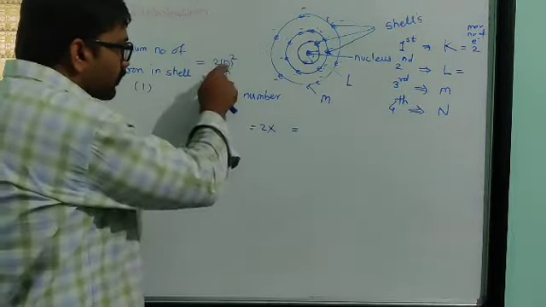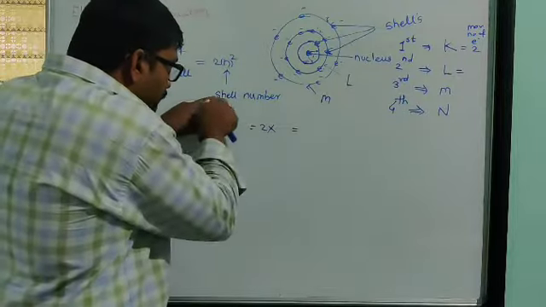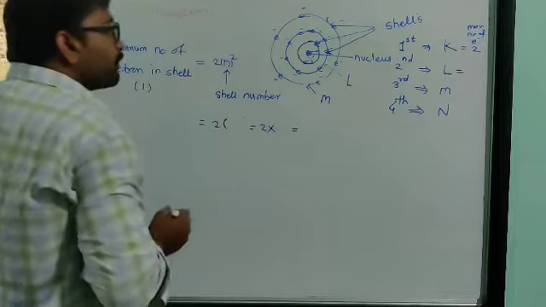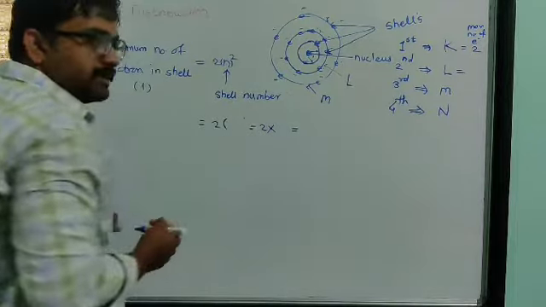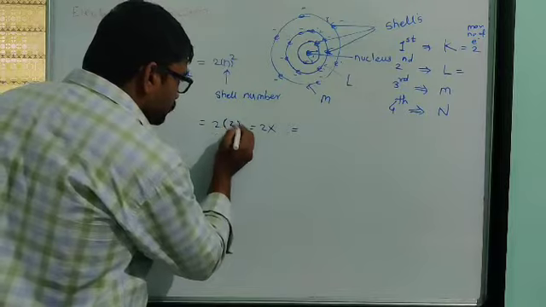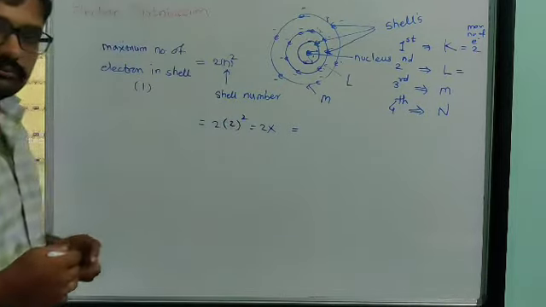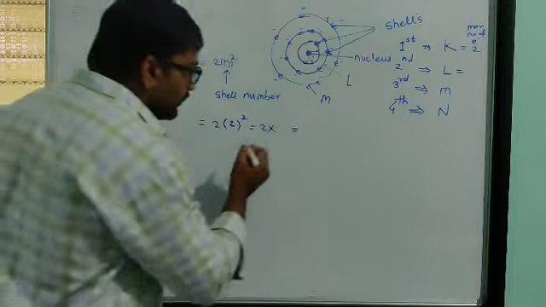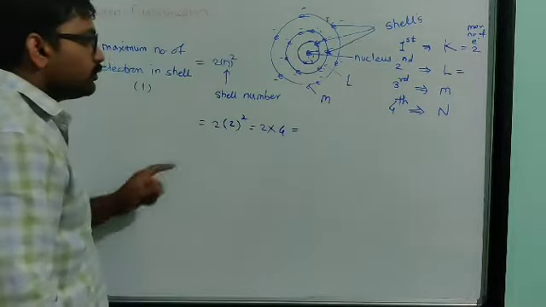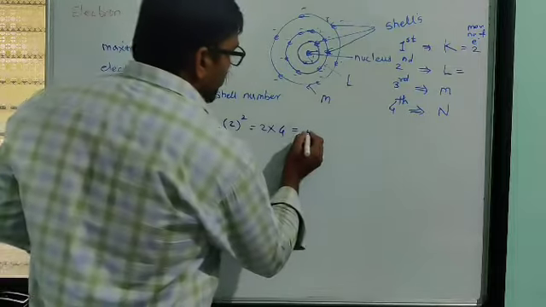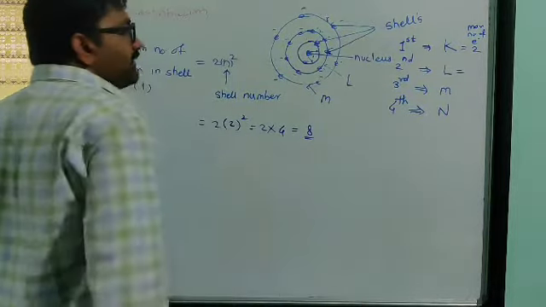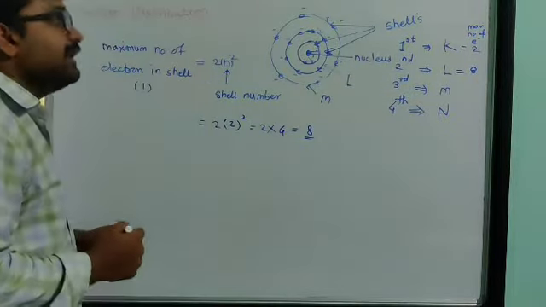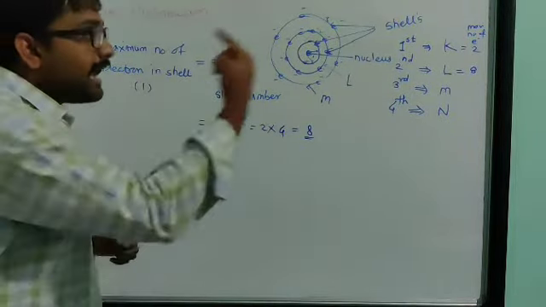So it is 2 into 2 square. 2 square is 4, so 2 into 4 is 8. So the maximum number of electrons that can stay in the second shell, the L shell, is 8.